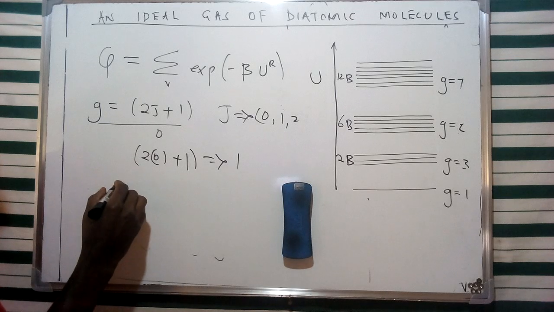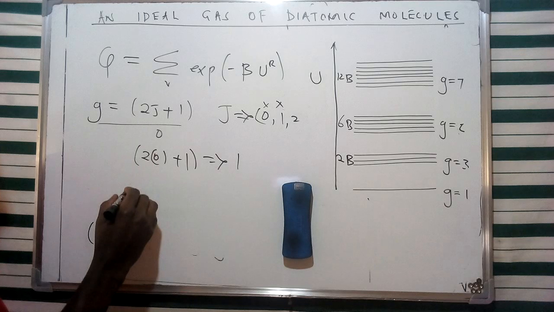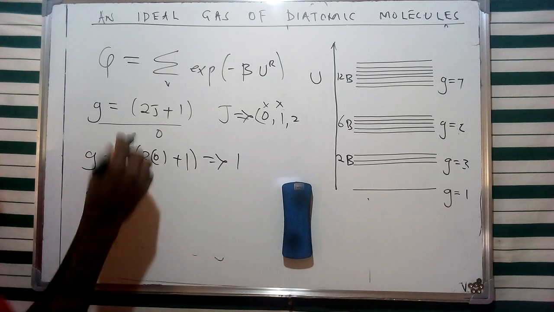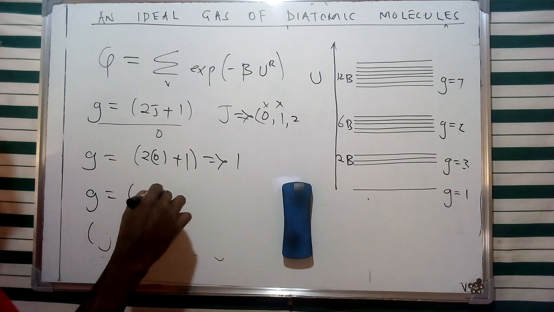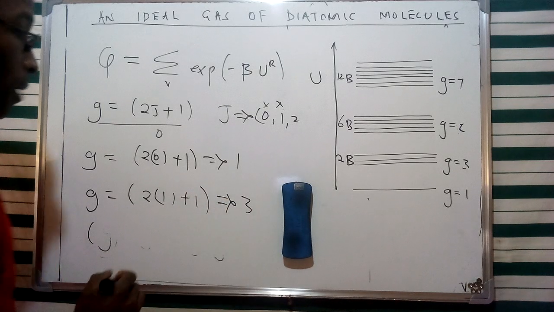But if J is equivalent to 1, then we're going to have g given as 2 times 1 plus 1, and this is going to imply 3.